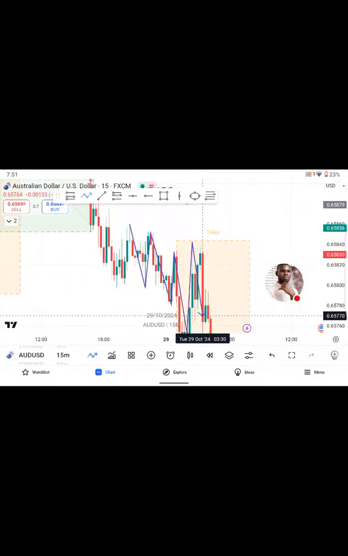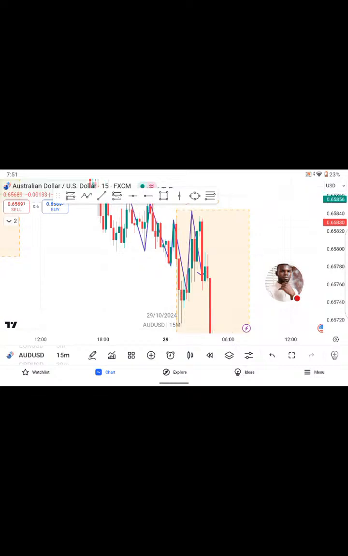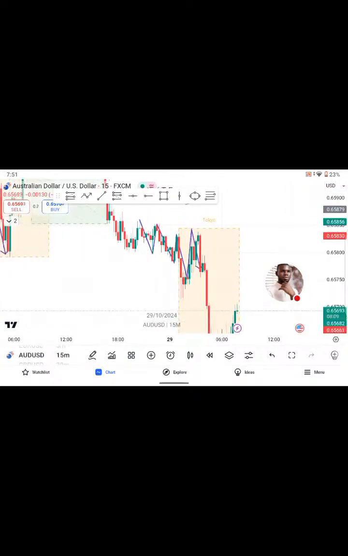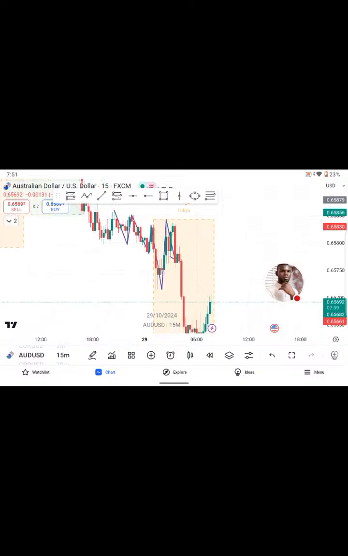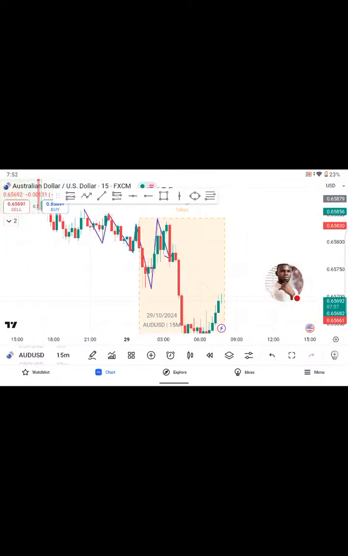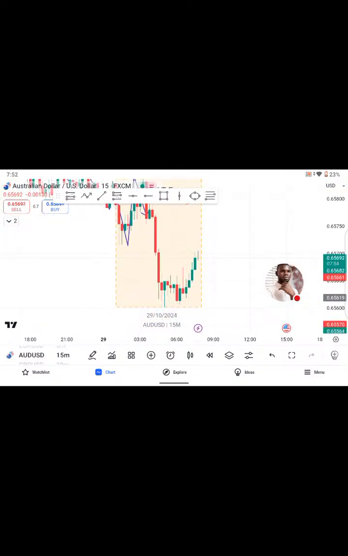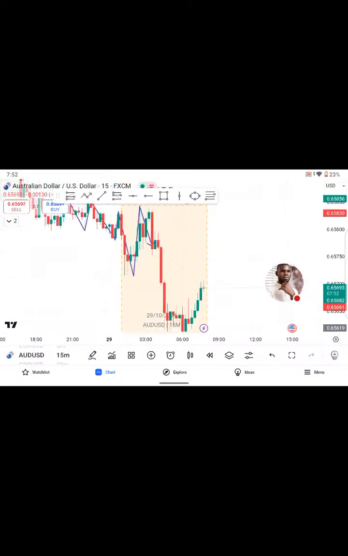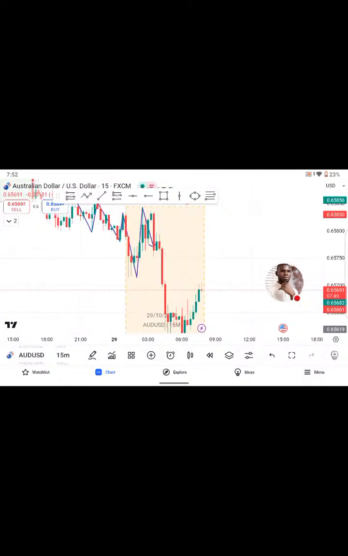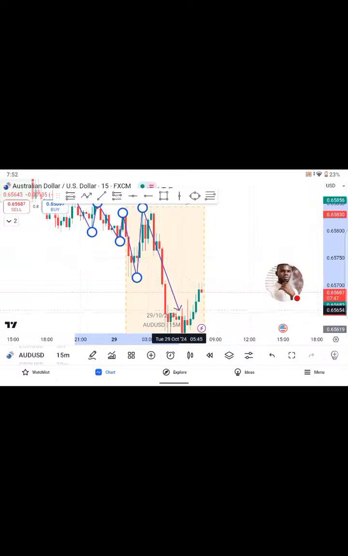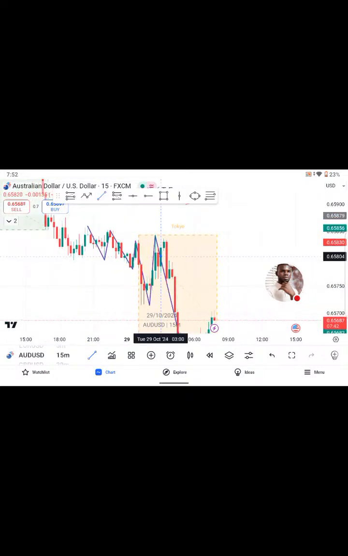Liquidity grab. Then this low. Yeah. So we have this liquidity grab here.